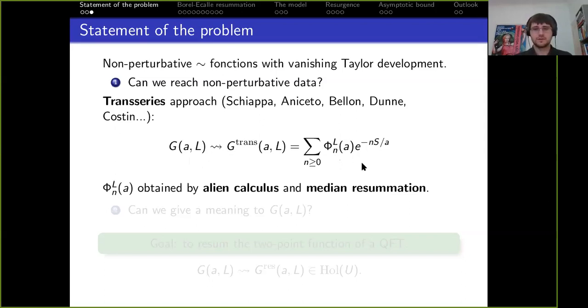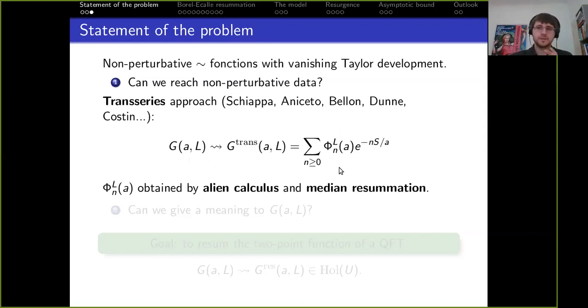The term n equals 0 is your initial perturbative series. Each n is an instantonic sector, we call it n-instanton. And each of these phi n is a perturbative series, which a priori is a formal series.